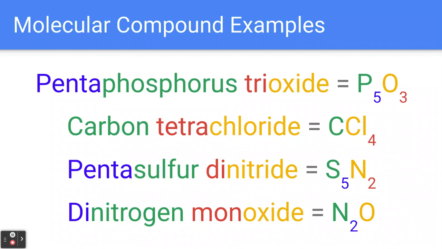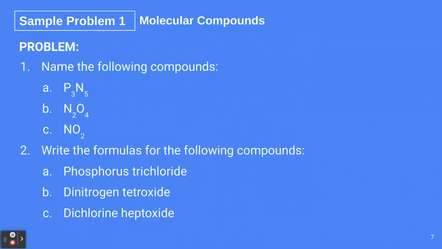Tetrachloride tells me I need 4 chlorides. So 1 carbon and 4 chlorines. Pentasulfur dinitride is going to tell me I need 5 sulfurs and 2 nitrogens. And then here at the end, dinitrogen monoxide is going to tell me I need 2 nitrogens and only 1 oxygen. So I want you to practice going through these.